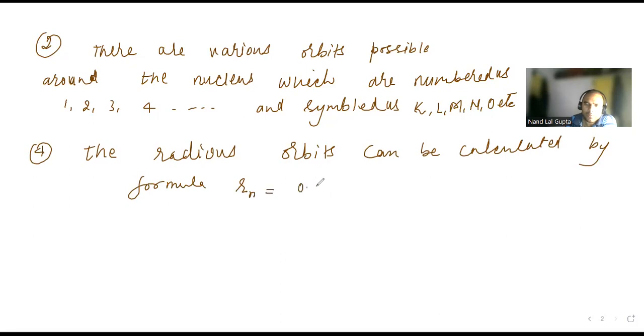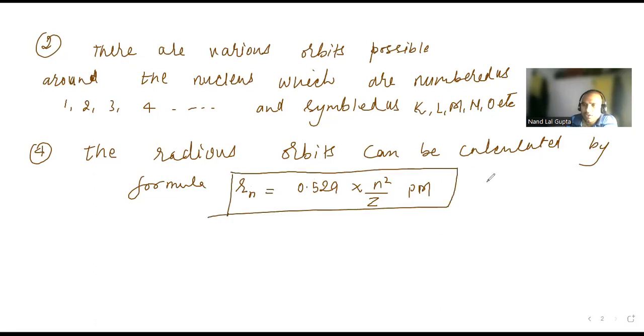Rn is equal to 0.529 into N square upon Z picometer. So this is the radius. N is equal to the orbit number, and Z is equal to the atomic number.